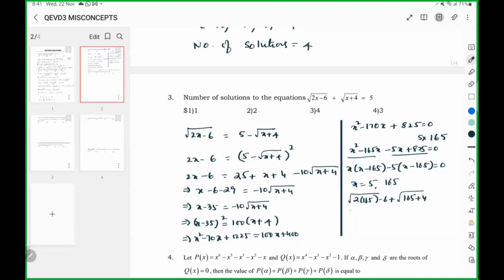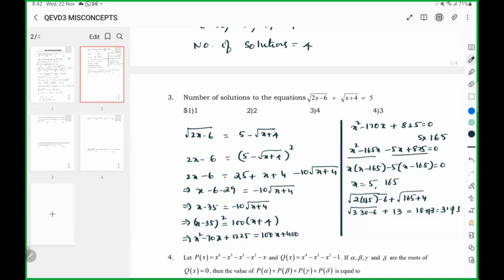It is how much? 330 minus 6 plus 13. So this is nothing but 324, 31. But 31 cannot be 5. So by default, if you write two solutions, there will be a problem.